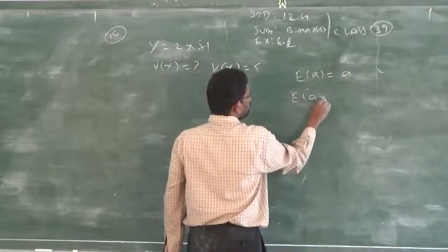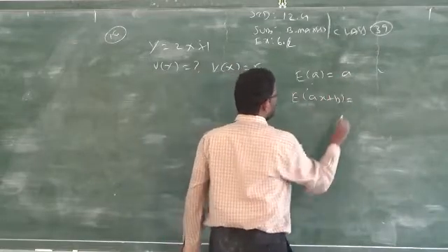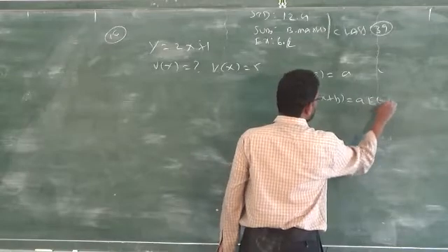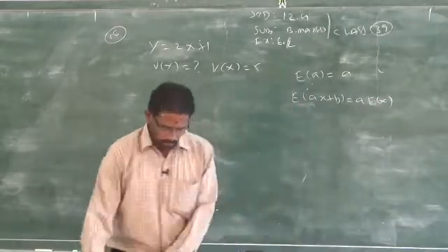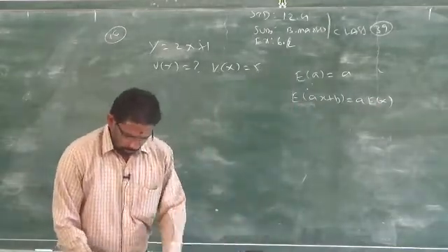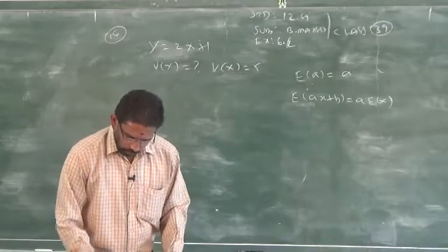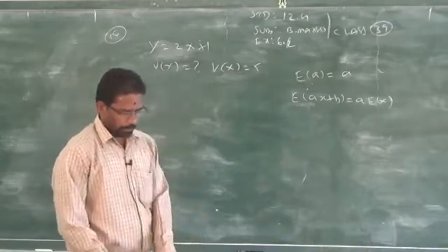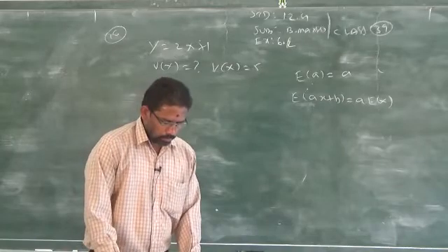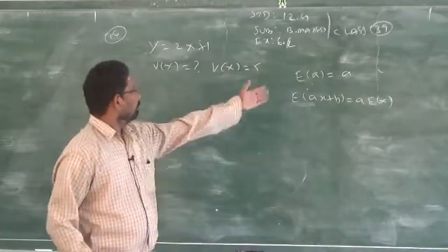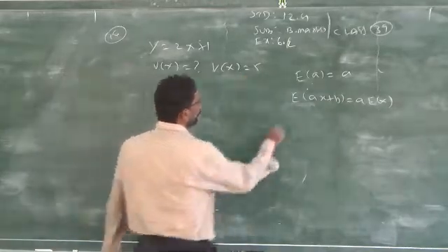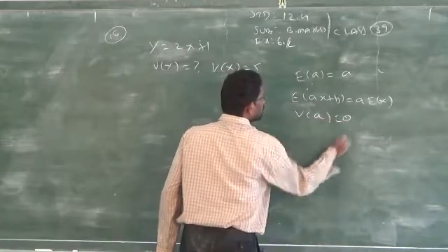So, the expectation of ax plus b will be a into E of x. It is given on page numbers 21 and 22. Refer to page numbers 21 and 22. You have the formulas, and the variance of any constant is always 0.